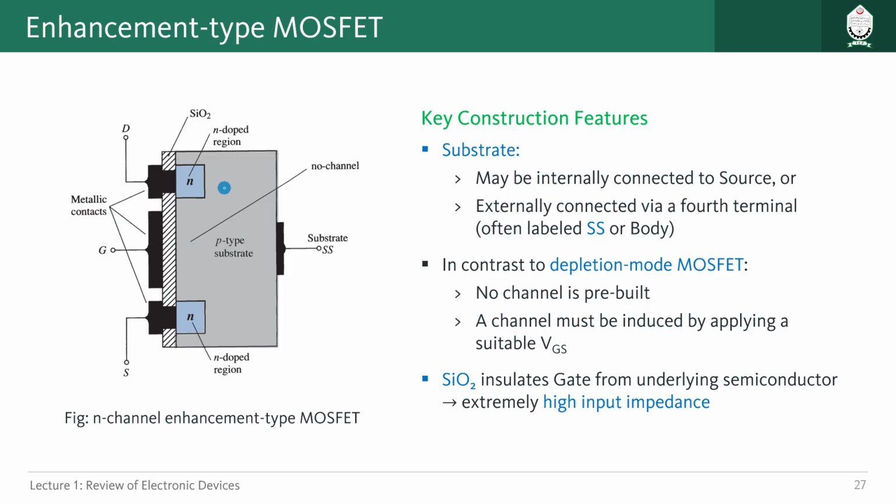Because of that, electrons and holes will be affected by the electric field, but physically no electrons or holes will flow across this silicon dioxide layer. That's why the term field effect is used in MOSFET, and this is also the reason why MOSFETs have a very high input impedance.